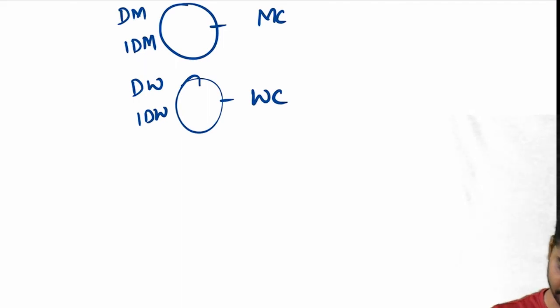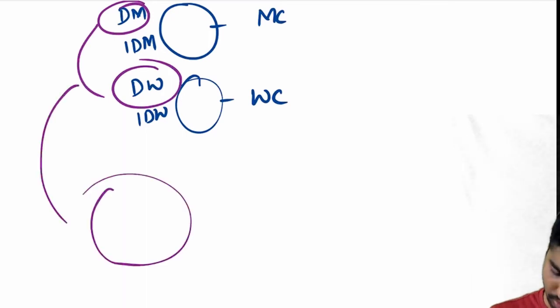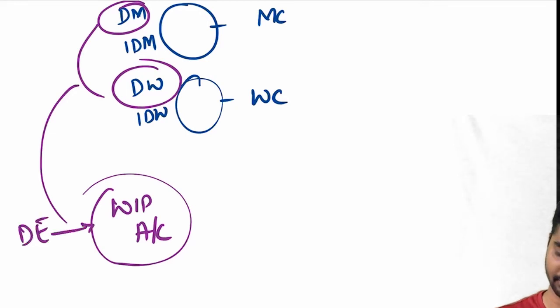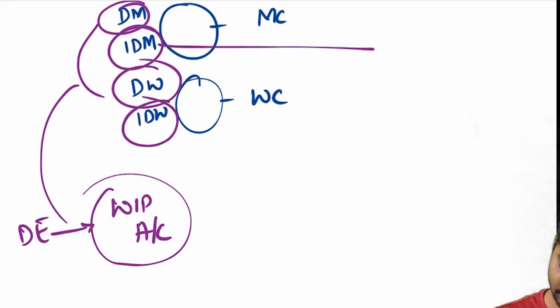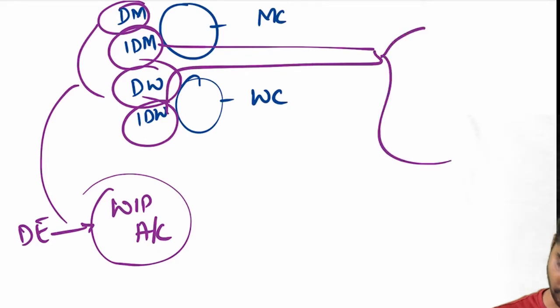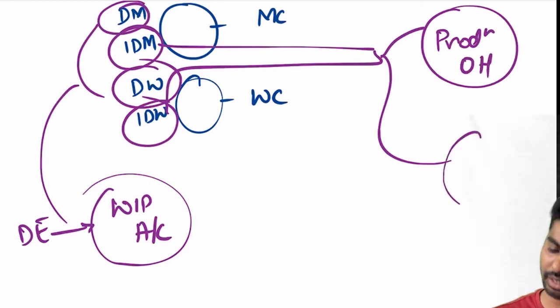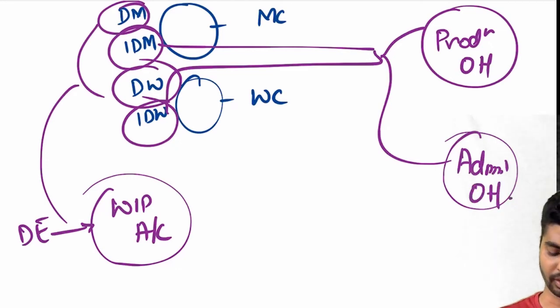From here, direct material and direct wages will move to the WIP account, and here any direct expenses will get added. Indirect material, indirect wages, depending on the circumstance, if it is production it will go to the production overhead account, if it is administration it will go to the administration overhead account. Clear?